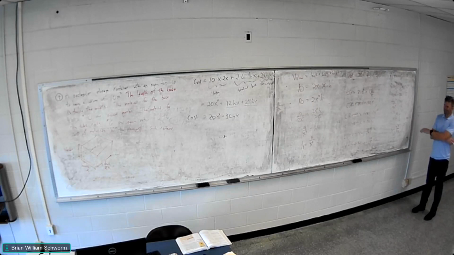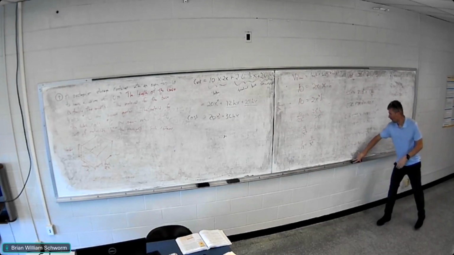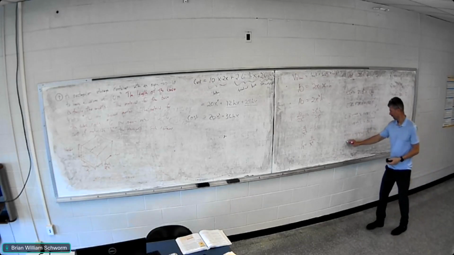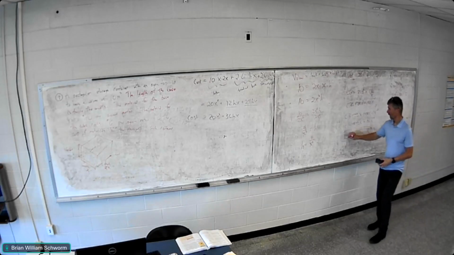You could maybe almost assume that that's got to be a minimum, because it's the only critical number that we got. The goal is to find the minimum cost. But I do want to verify it. So I'm going to test my derivative right here.